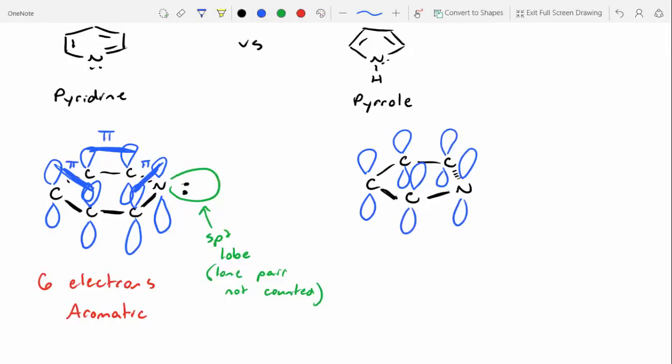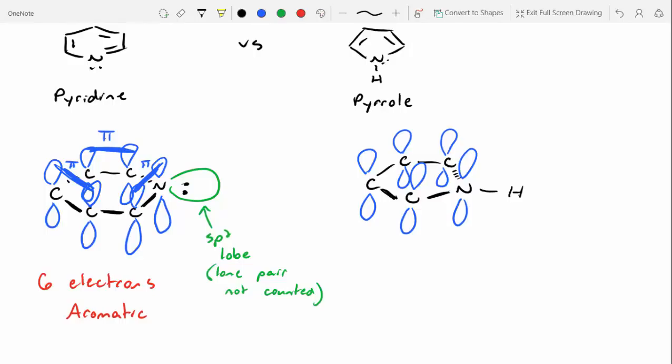If we look at this, the question is, will the hydrogen be here, or will it bond off the edge right here? It'll be sticking out, right? VSEPR theory indicates that the atoms want to be as far apart from each other as possible. So the hydrogen is going to be located out in this position for pyrrole.